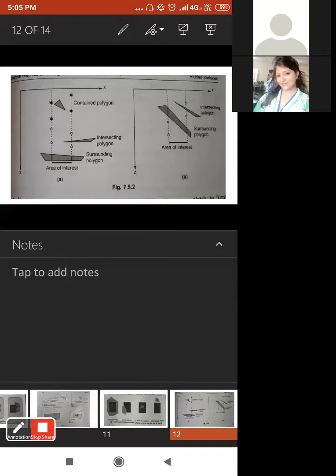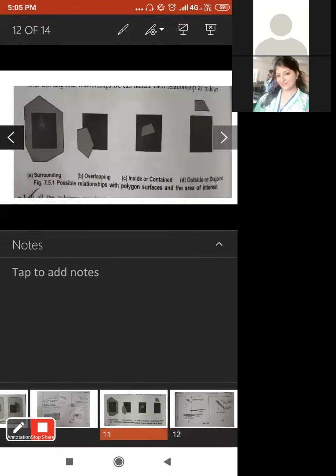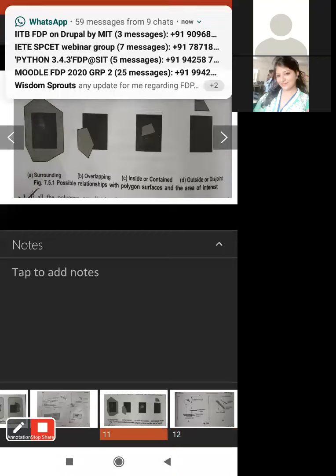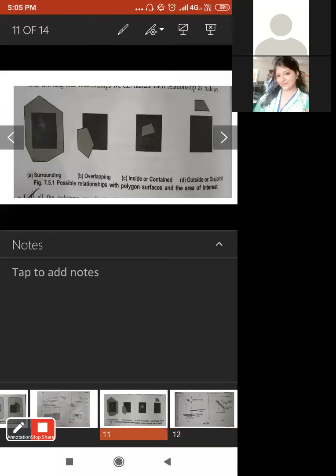Like in the previous diagram, in case number 4, all the polygons are disjoint from the area of interest. So finally you can see only the background color.